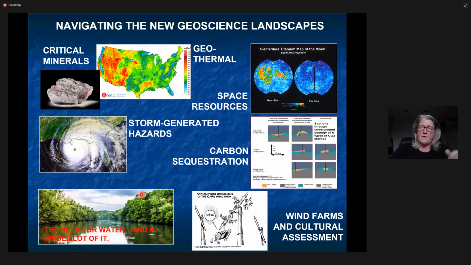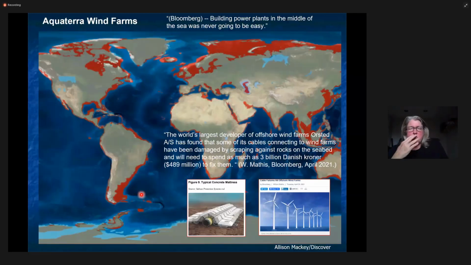Finally, the last point I want to make has to do with wind farms. Seismic geomorphology of this area of Aquaterra, which is shown here in red around the world, is a prime area for wind farm development. So understanding the seismic geomorphology of Aquaterra can have a dramatic impact on our ability to establish offshore wind farms.